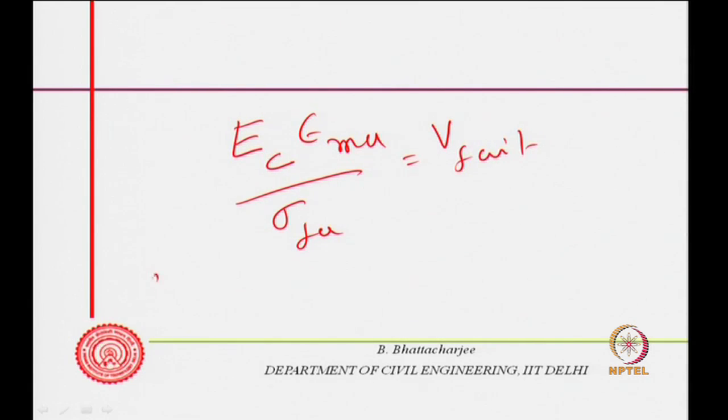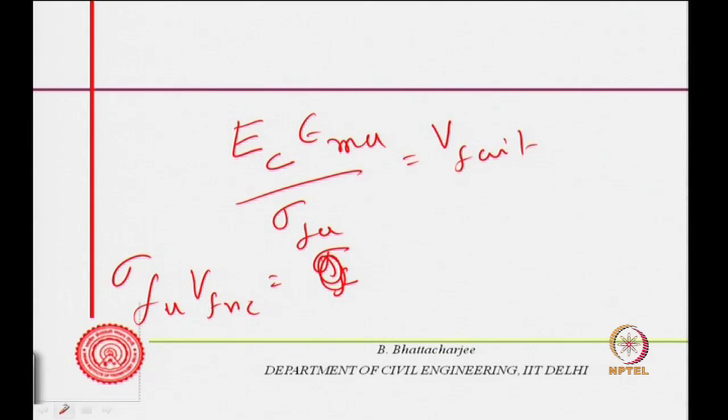And so, what I write is sigma fu V f crit is equal to E c. What was E c? E c I wrote as, what did I actually do, just a minute, let me erase this.